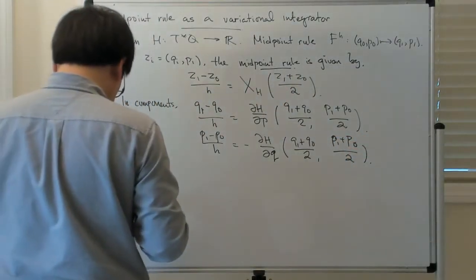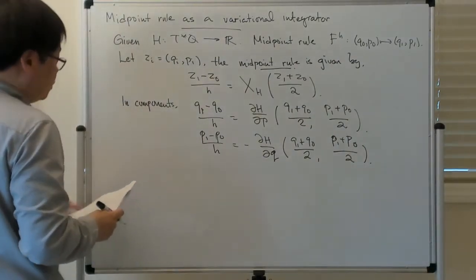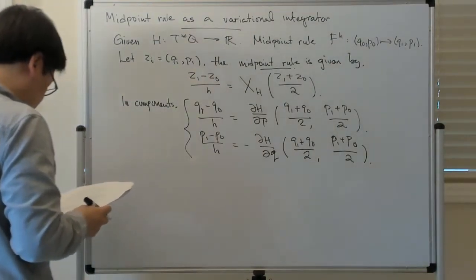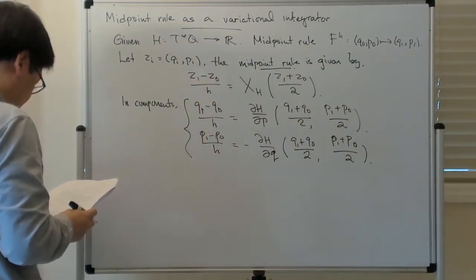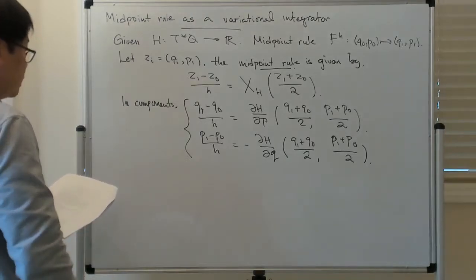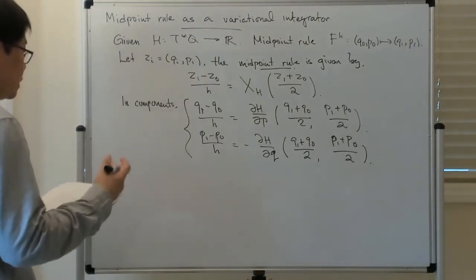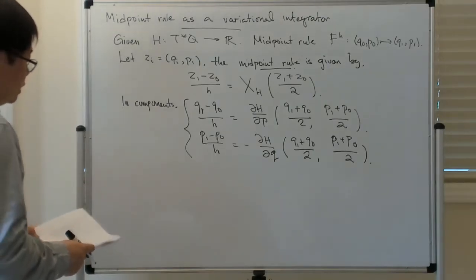Okay. All right. So how can we think of this as a variational integrator? So let's say that the Hamiltonian is regular, then there's a corresponding Lagrangian to that, right?